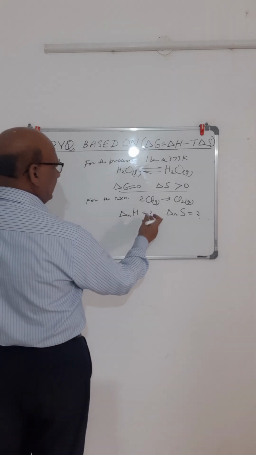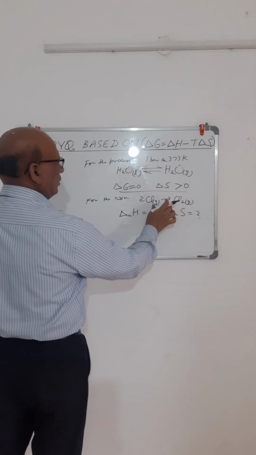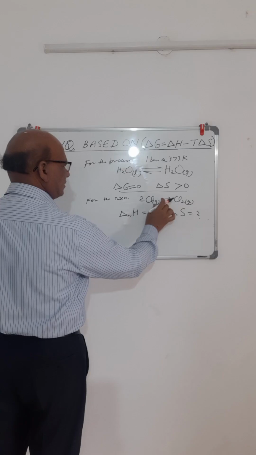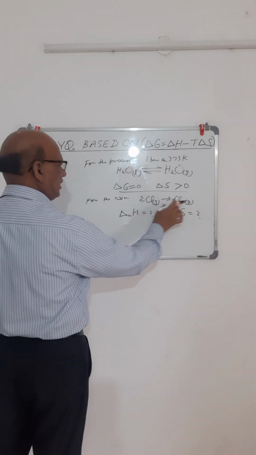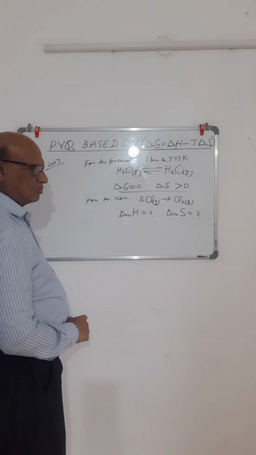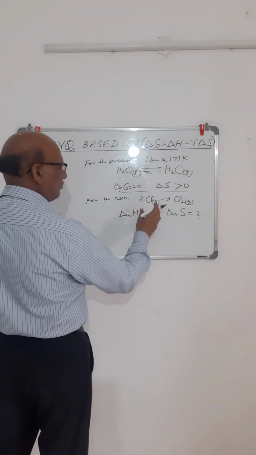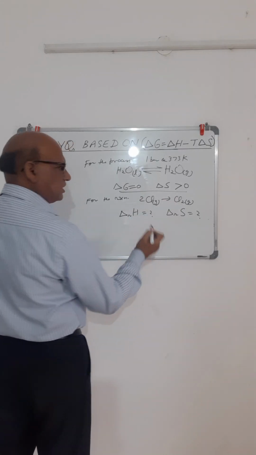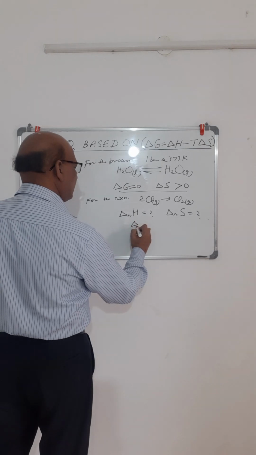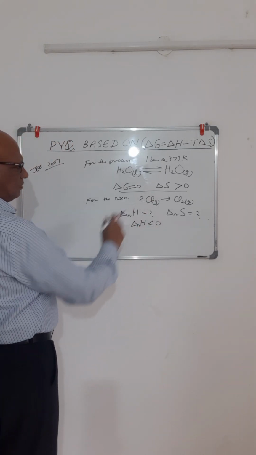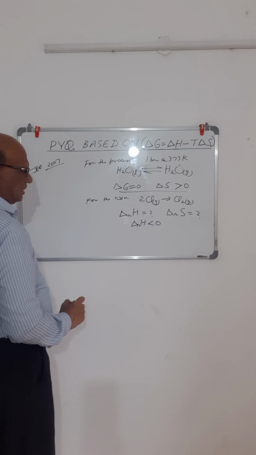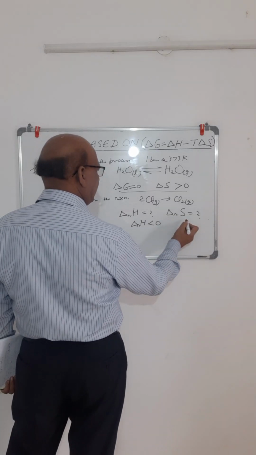Now we know that this is a formation of bond taking place where two chlorine atoms are combining to form a chlorine molecule. With the formation of bond, the energy is released. So we can say that delta H will be less than 0. And what about delta S?